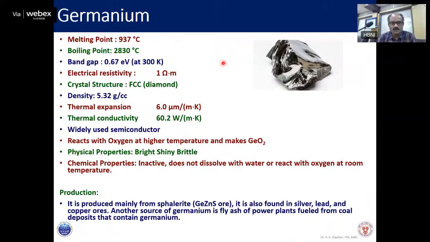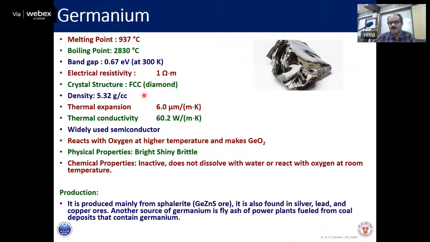So at room temperature, a lot of electrons go from the valence band to the conduction band, even if it is intrinsic germanium, and therefore devices based on germanium either have to be cooled to a low temperature, or otherwise they will have a lot of noise.